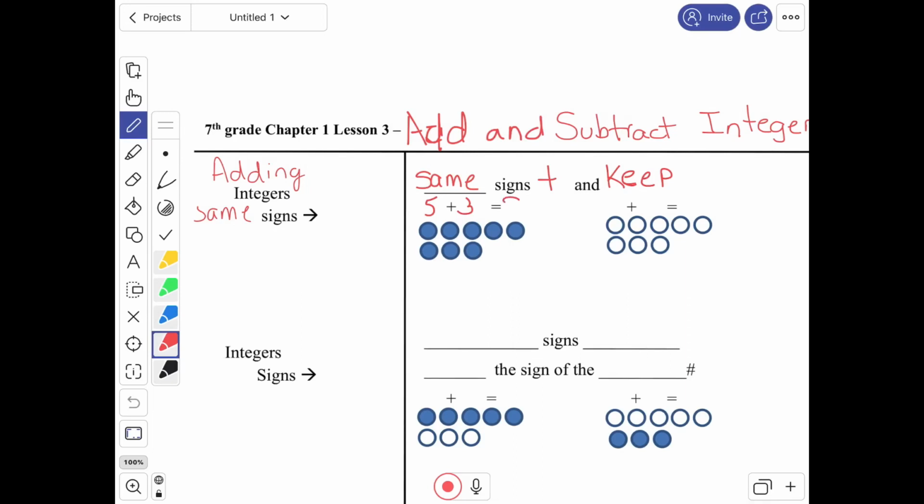Like if we're going to add this top row of 5 plus the bottom row of 3, 5 plus 3 makes 8. Now we're going to say these on the right are negative, so the top row would be negative 5 and the bottom row would be negative 3. Together that makes negative 8.